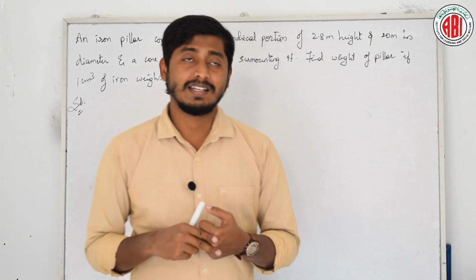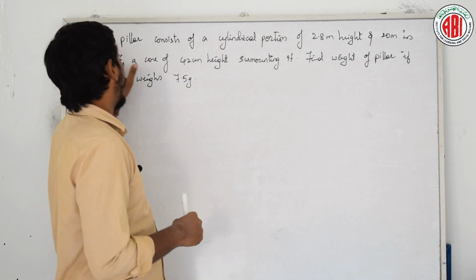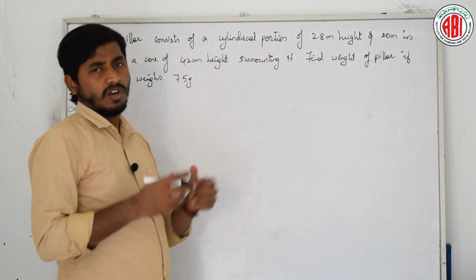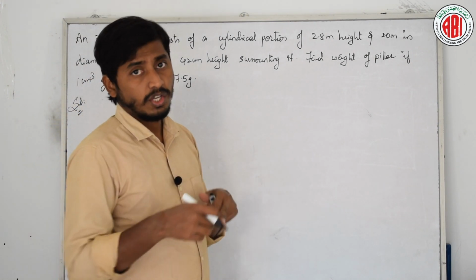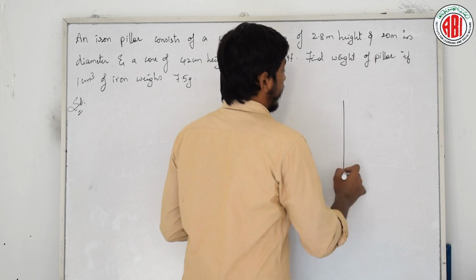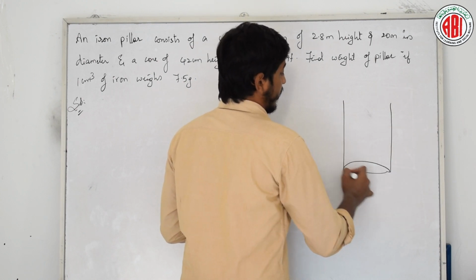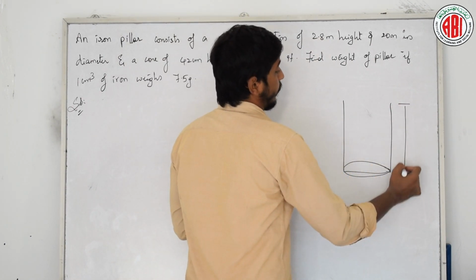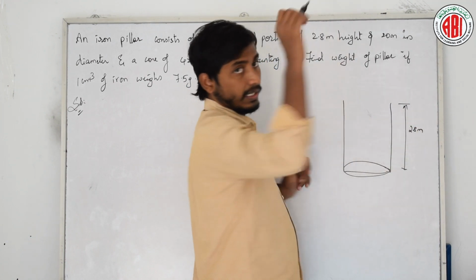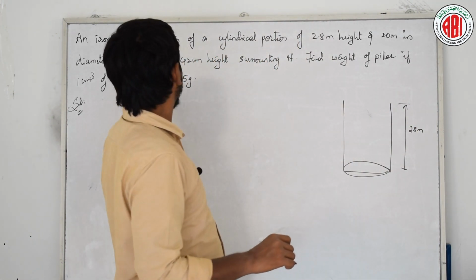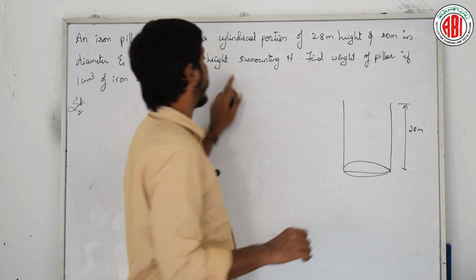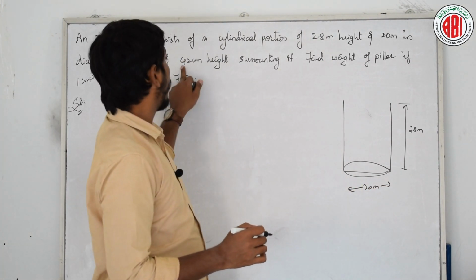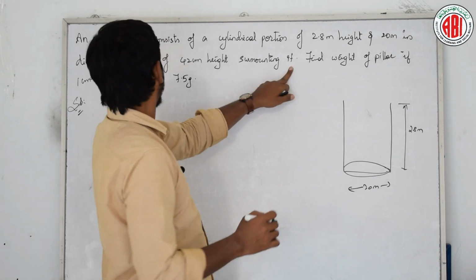Okay, shall we start? See here, the question given: an iron pillar consists of a cylindrical portion of 2.8 meter height, and a cone of 42 centimeter height surmounting it.